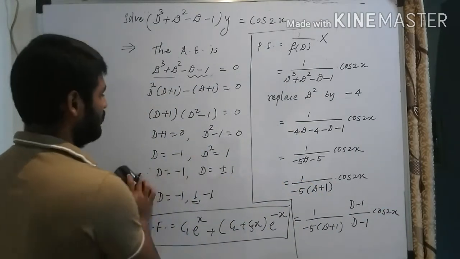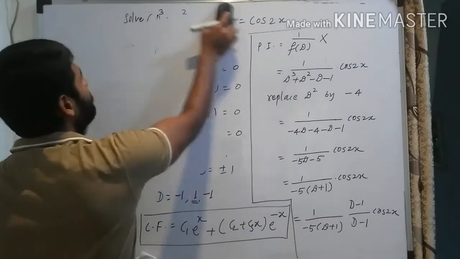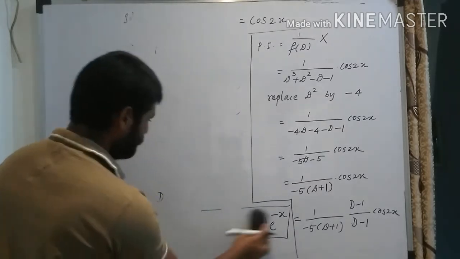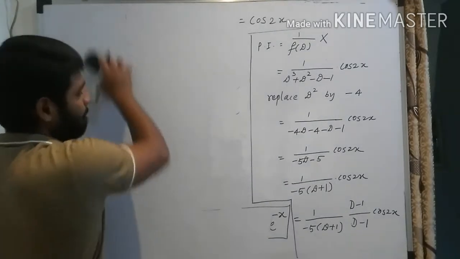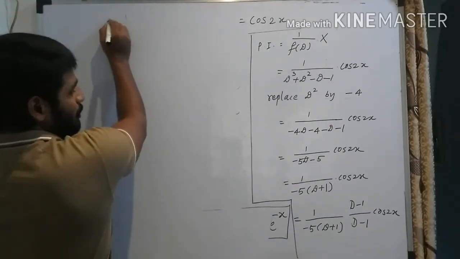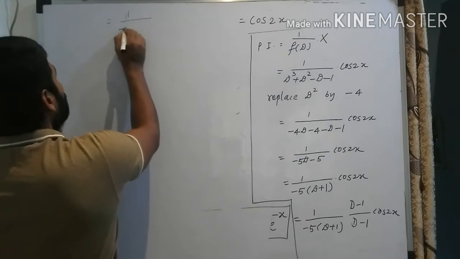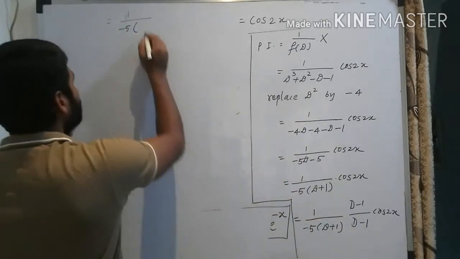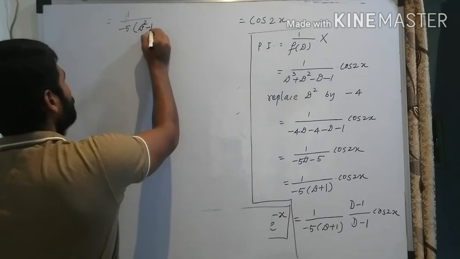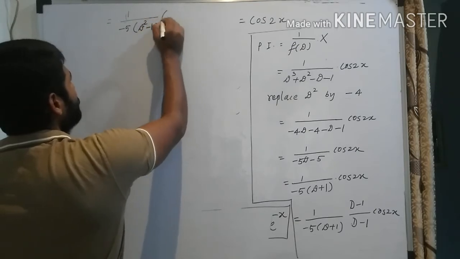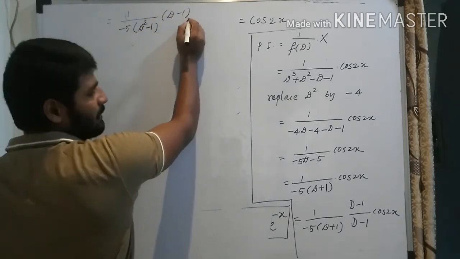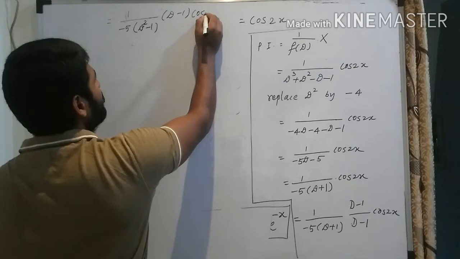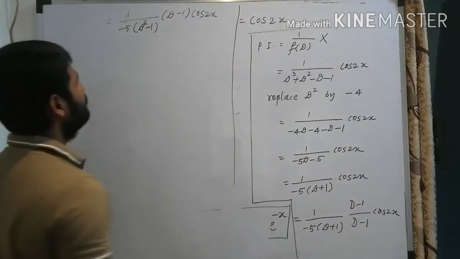Now take the product of the denominator. So this can be written as 1 upon minus 5 into (d plus 1)(d minus 1), that is d square minus 1, into d minus 1 as it is into cos 2x as it is.